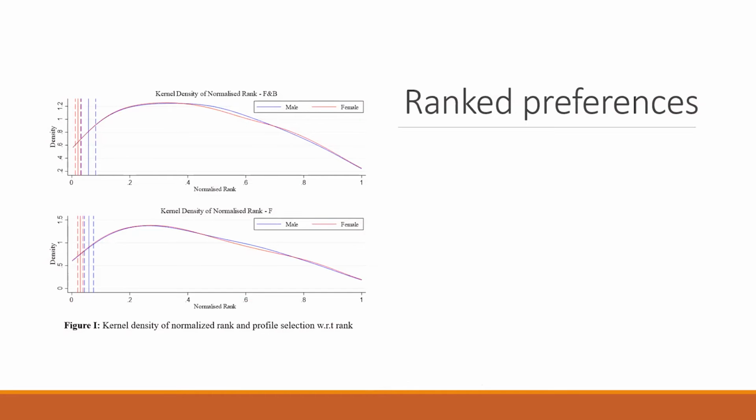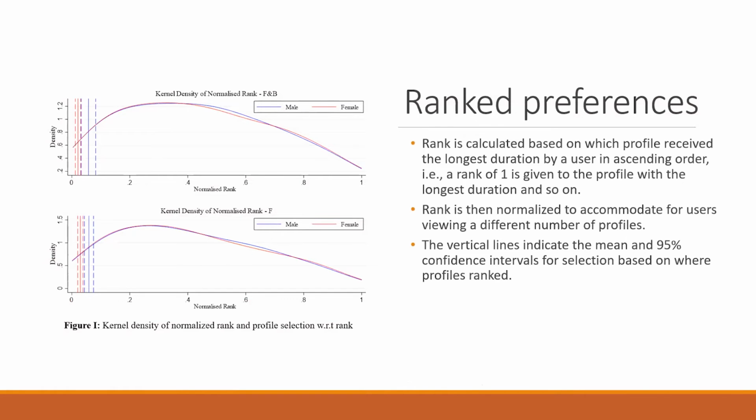Next, we do this ranked preferences analysis, where I've calculated rank based on which profile received the longest duration by a user. I've normalized it as well, to accommodate for different numbers of profiles that people have viewed. The vertical lines indicate the mean and 95% confidence intervals for selection based on profiles ranked.